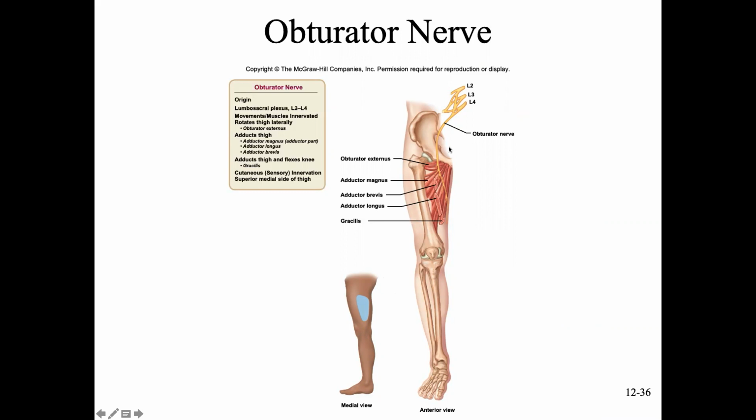So think obturator goes medial. What muscles are medial? Adductor muscles, right? Your groin muscles. So it makes sense that the obturator nerve supplies your groin muscles, allowing us to adduct our leg, right? Pull your legs together.